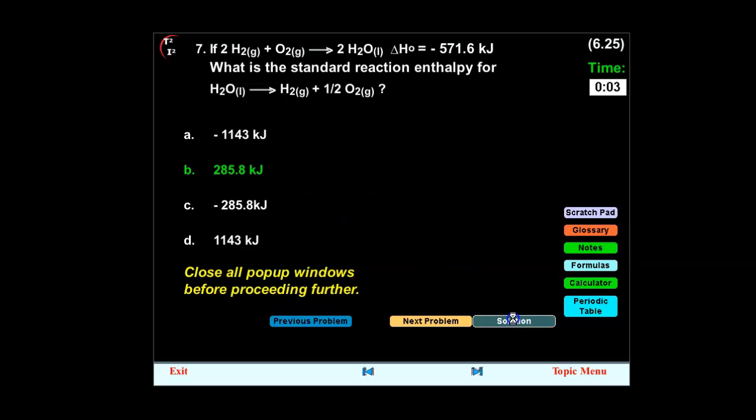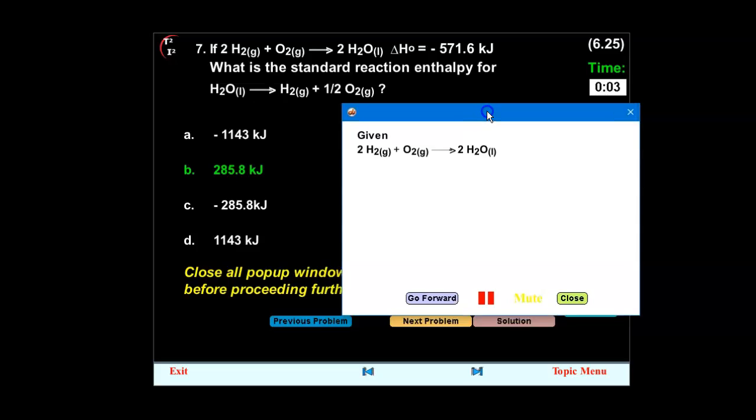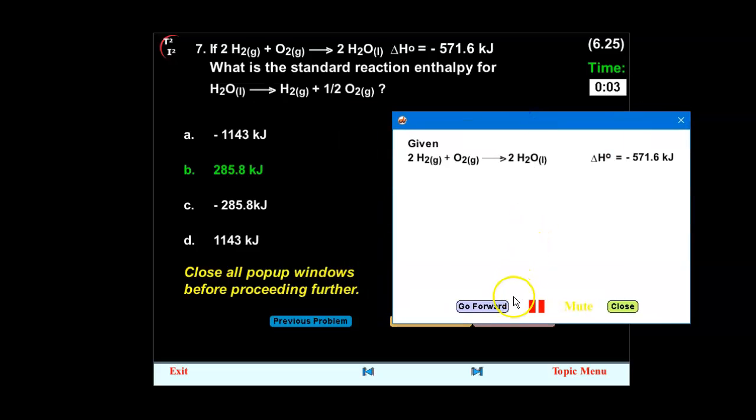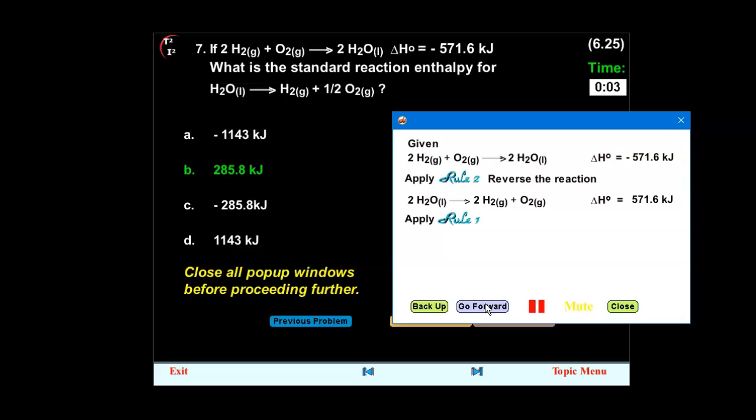Given delta H naught equals negative 571.6 kilojoules. Apply Rule 1. Divide this equation by 2. Delta H naught equals negative 285.8 kilojoules.